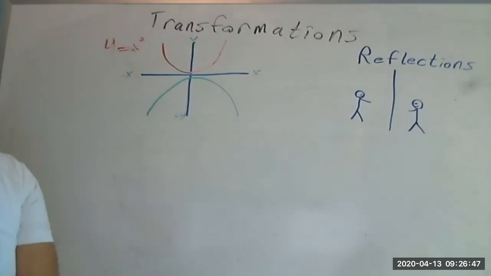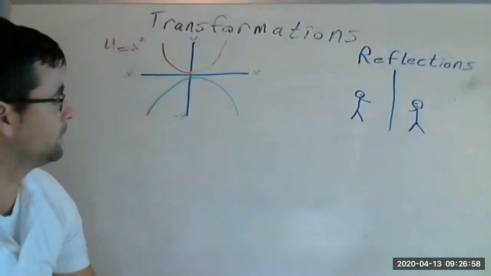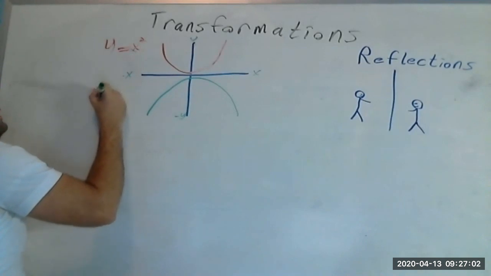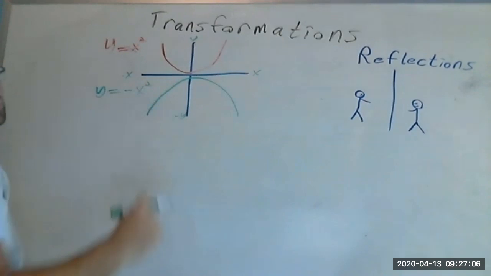Under the impression of reflections, I'm assuming it'll be the same thing, but it'll be negative. It'll be negative. Yeah. So this is y equals negative x squared.